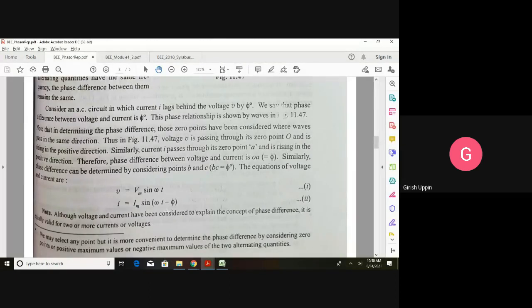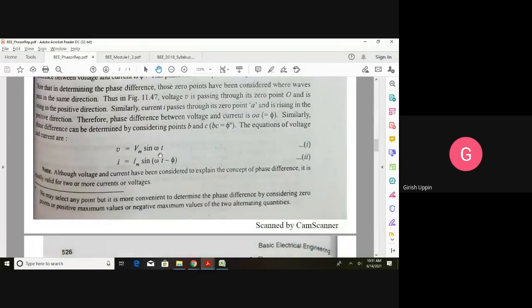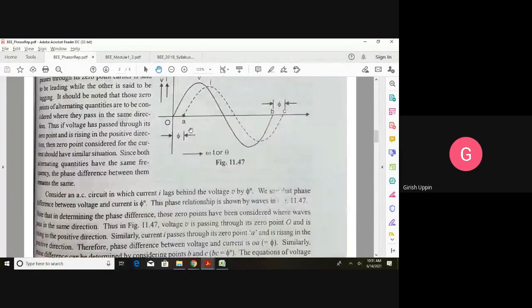To understand this better, if you substitute omega t equal to phi, you will get v is equal to Vm sin phi. So sin phi has some value, that's why at this point you are finding some voltage.